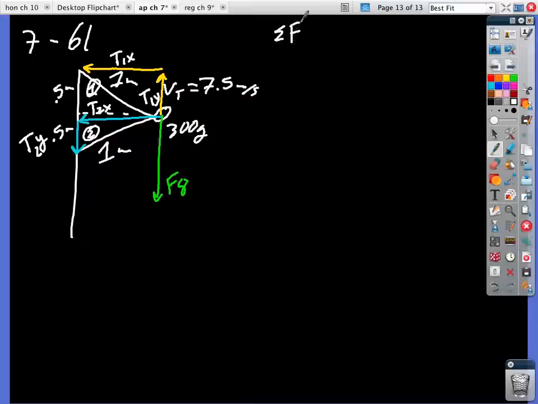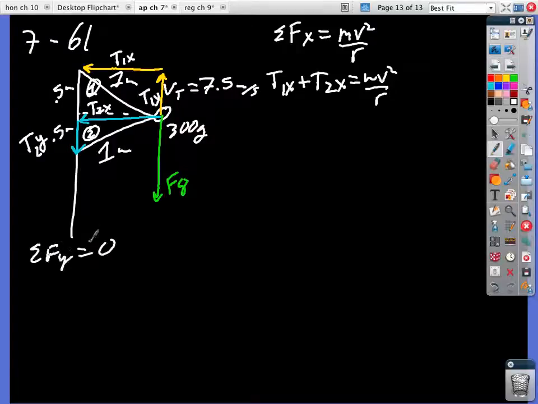The sum of the forces in the X is going to equal mv squared over r because it's rotating. That's going to be T1X plus T2X equals mv squared over r. And then the sum of the forces in the y is equal to 0.